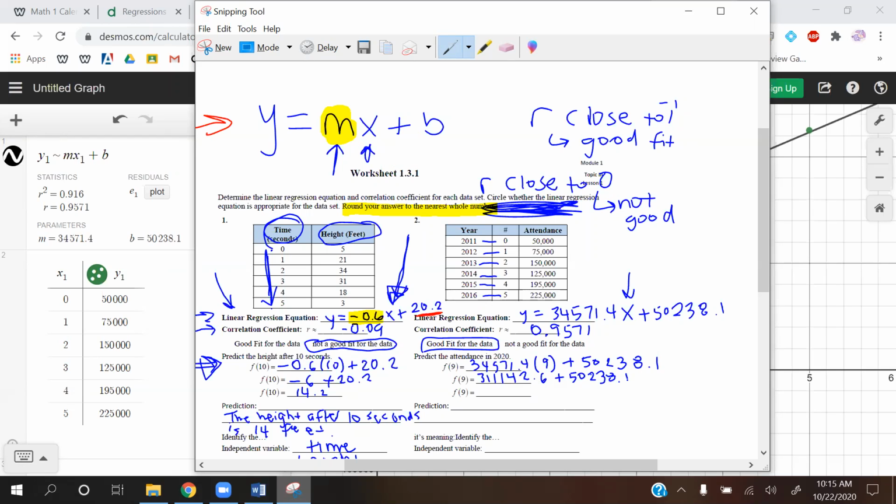Okay, and then we add it together. And then we get 361,380.7.